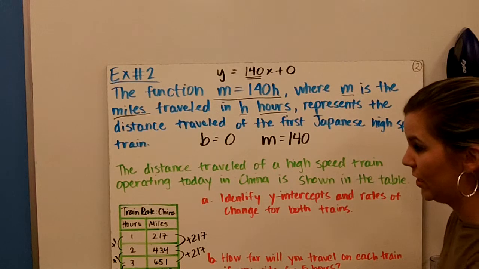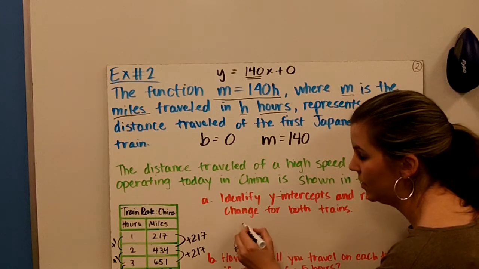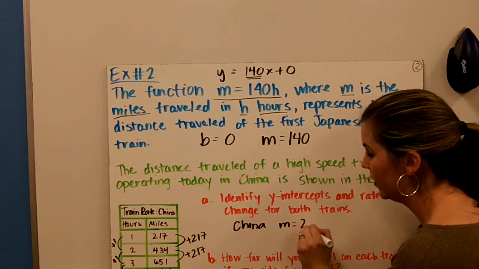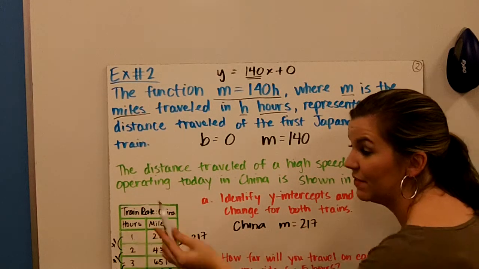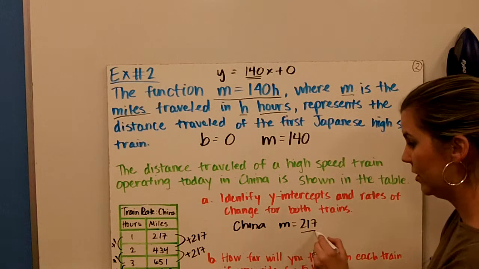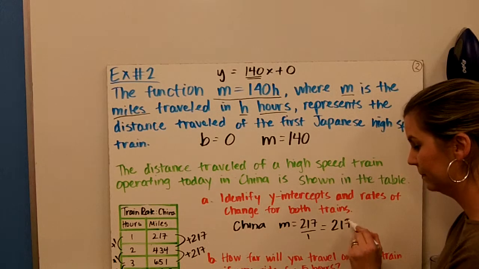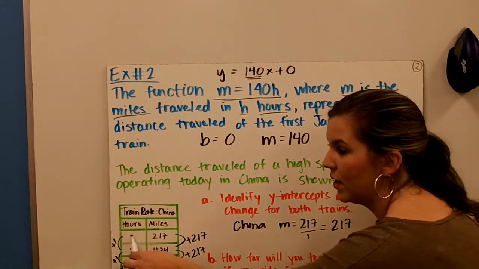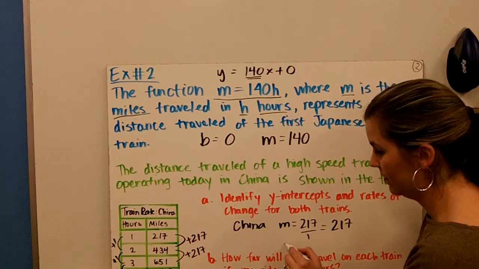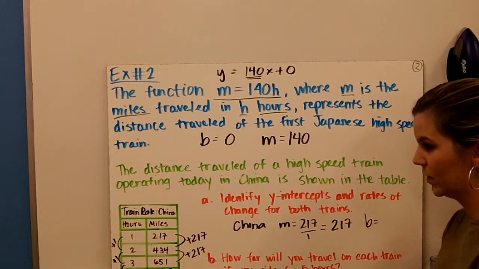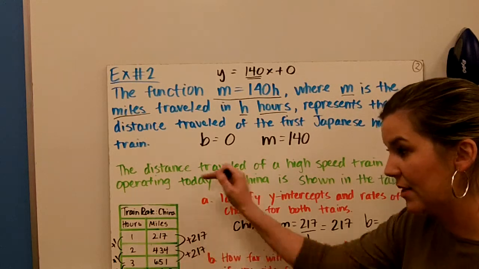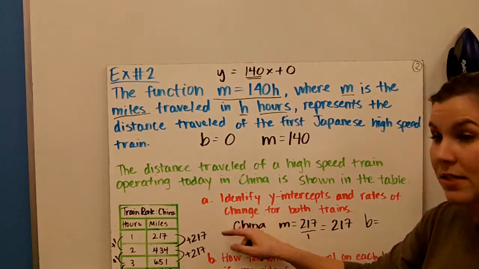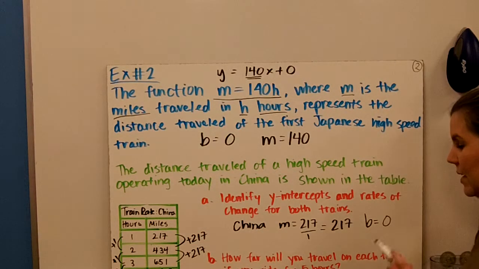So my rate of change for China is 217. 217 divided by 1 gives you 217. And the y-intercept would be when time is 0. That's our b value. Well, I would go backwards to find a previous value in my table, and 217 subtract 217 gives me 0.